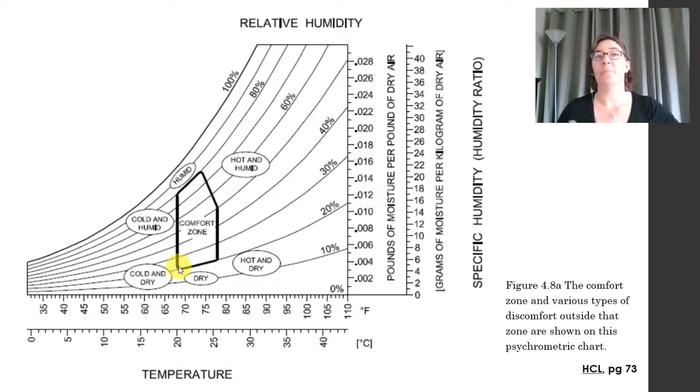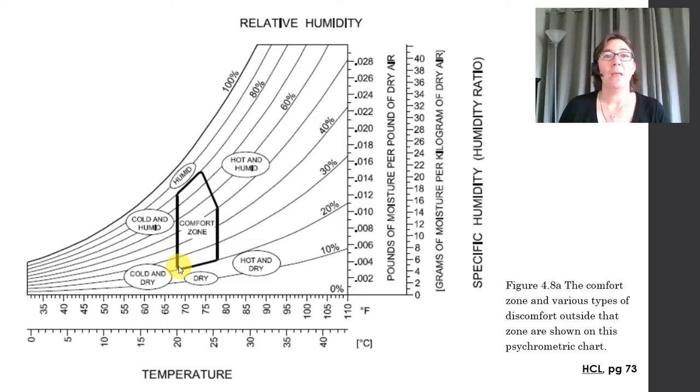I know I've said it before, but just to reiterate that everybody is different and individuals could be comfortable outside of this zone, or they could be uncomfortable inside of this zone. All right, those are personal factors, and we are aiming for the general mass of humanity and keeping the most people comfortable that we can.